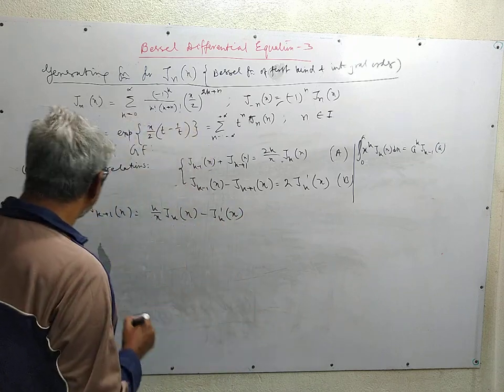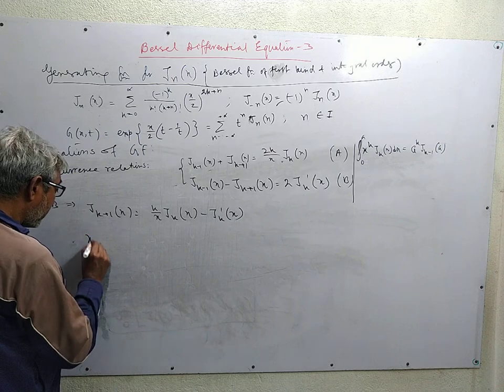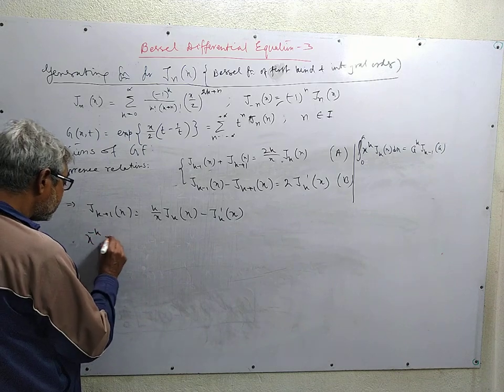We multiply both sides by x to the power minus k.